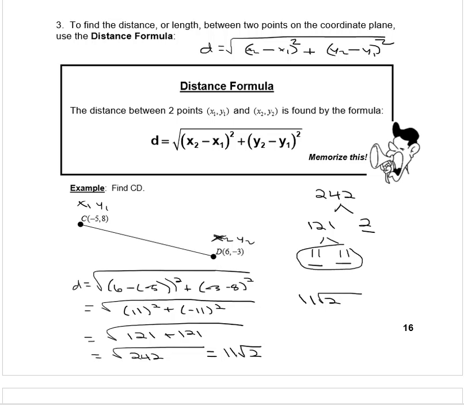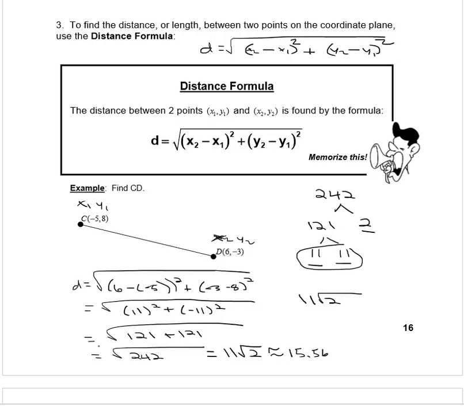And of course, you could go ahead if you wanted to, just round it to a decimal, depending on what the question were to ask. So if I were to round this to 2 decimal places, I could put it at 15.56. So this is approximately 15.56.